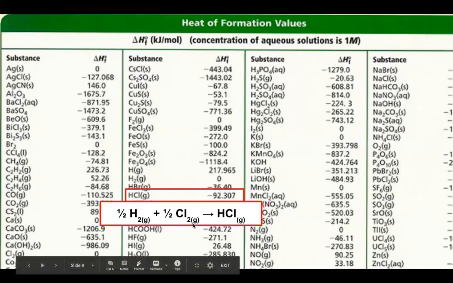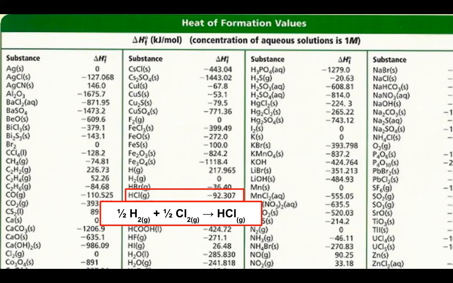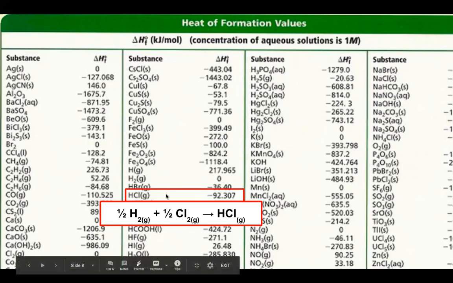So if we look here at another example, the formation reaction of HCl is going to be made up of its two different elemental constituents. So we have our hydrogen element in its standard state, which is hydrogen gas, added to our chlorine element in its standard state, which is chlorine gas, and that'll form 1 mole of HCl. And so if we look at our table here, we see HCl gas.